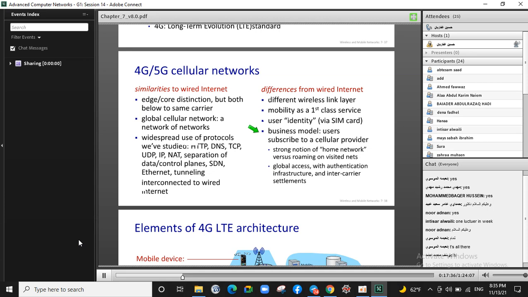You travel to Mashhad, you use your SIM card and your data connection in Mashhad, so you should pay. So my telecommunication company needs an authentication infrastructure to do this.